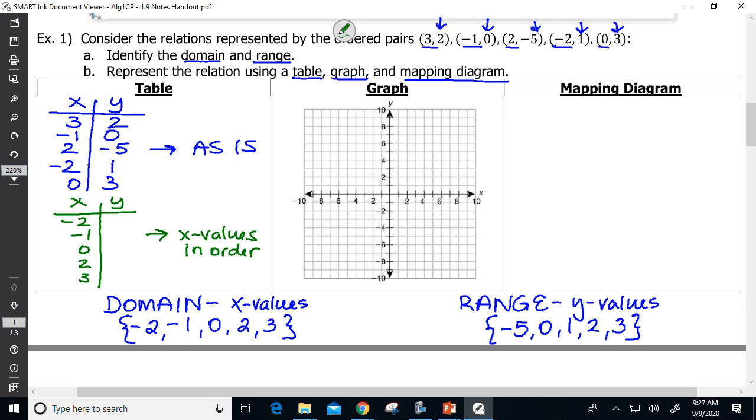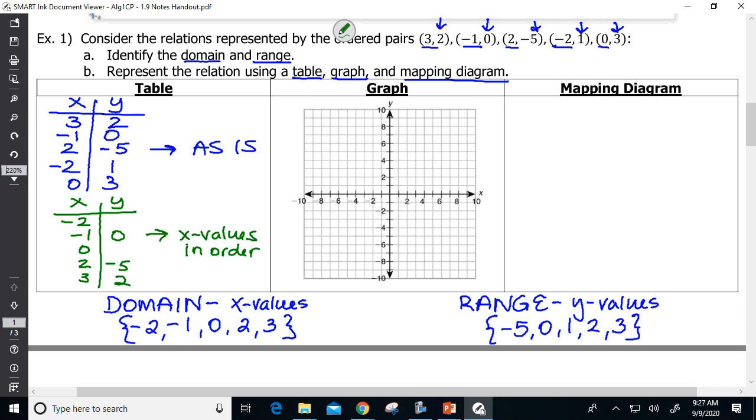Since 3 was attached to 2, 2 has to stay attached to 3. -1 was attached to 0, so it stays that way. 2 comma negative 5 has to stay that way.